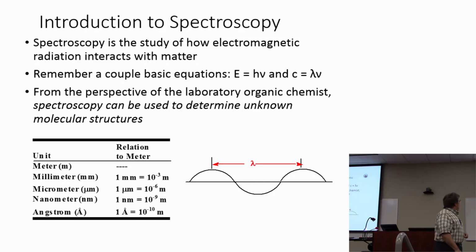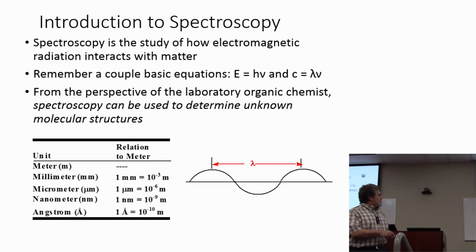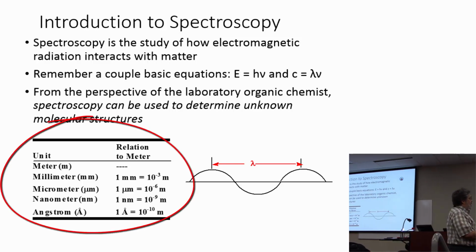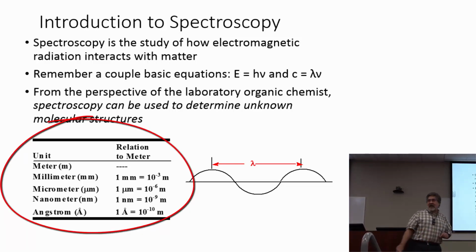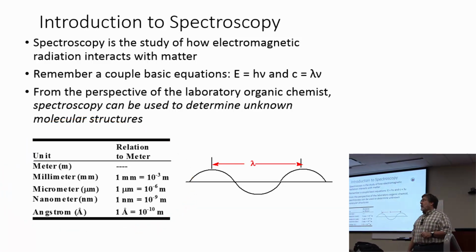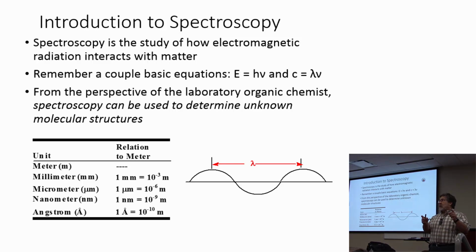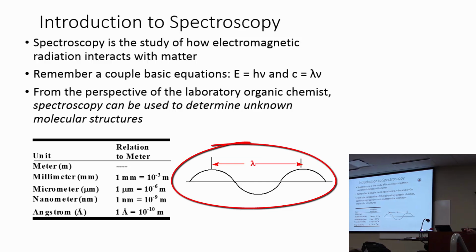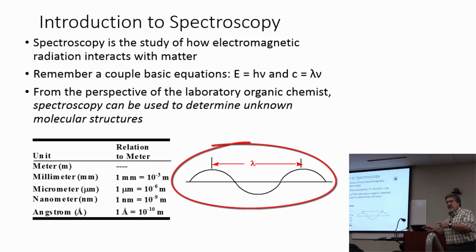A couple of other things on the slide. There's a bit about units, the units most often used for wavelengths. And if you don't remember exactly what a wavelength is, there's a graphic to remind you. Within a wave, which has a peak and a trough, pick any two points that are the same on different peaks.